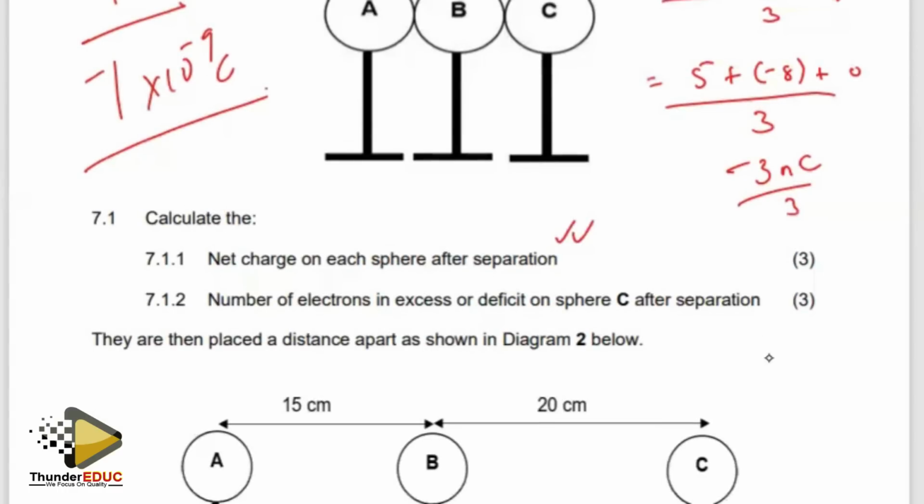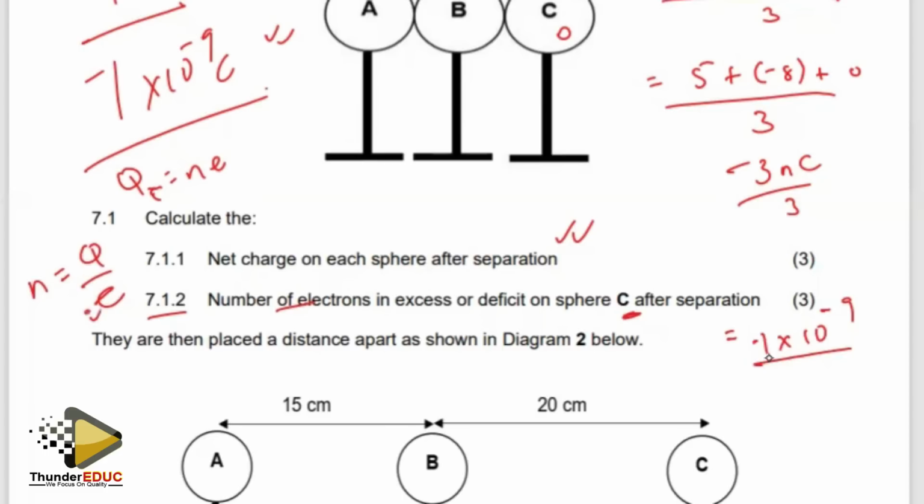Then 7.1.2, they want us to get the number of electrons in excess or deficit on C after the separation. So there is a formula that we normally use of Q over E, okay, or Q is equal to NE. This is the formula that we need when we're calculating the number of electrons. So what we need is initially C had a 0, but then it gained this much of electrons. So for us to get the number of electrons, we're going to get the charge that it has, which is 1 times 10 to the -9. It's a negative charge.